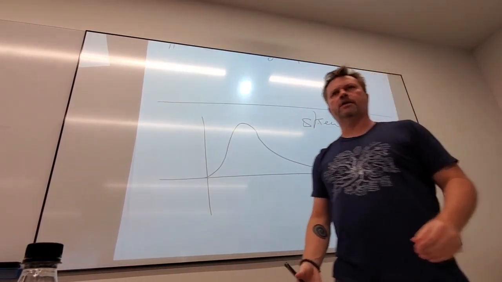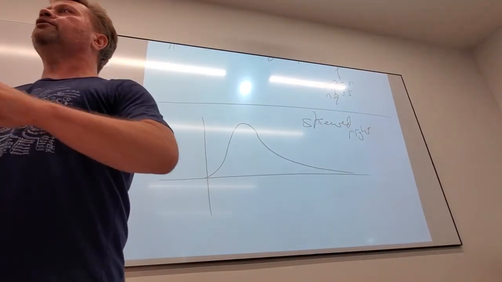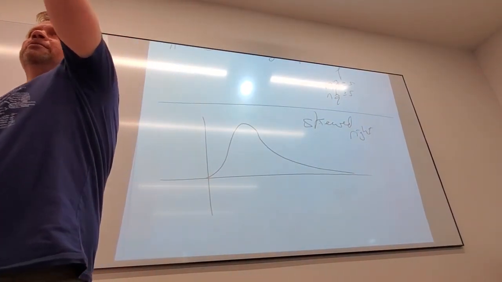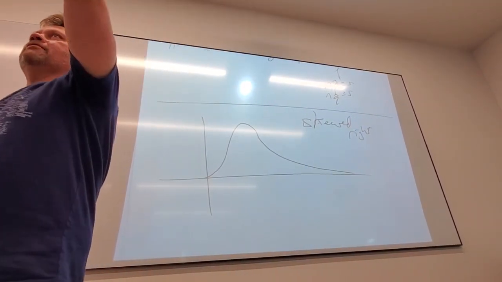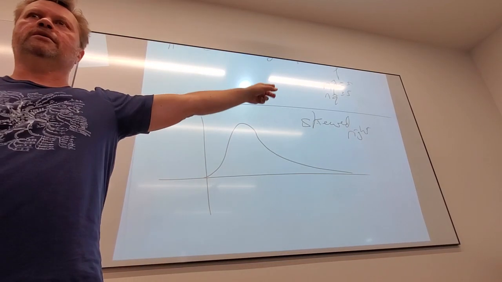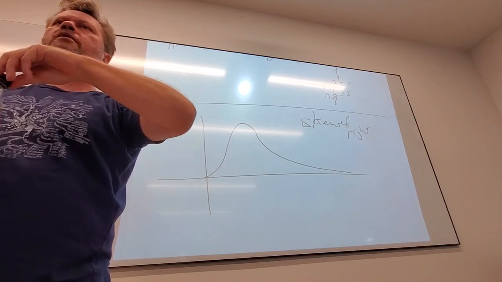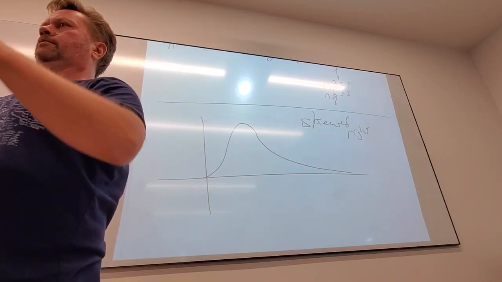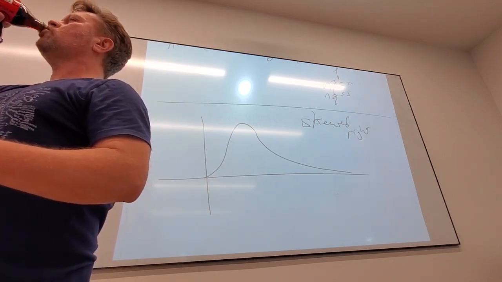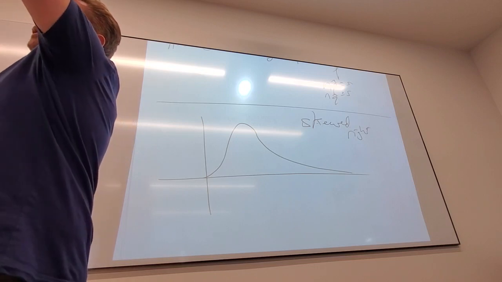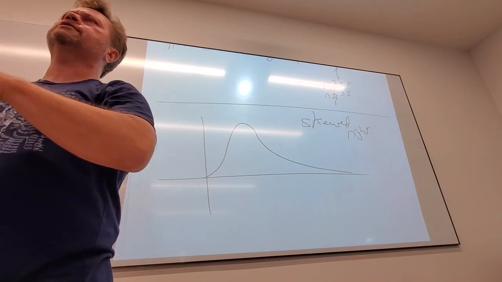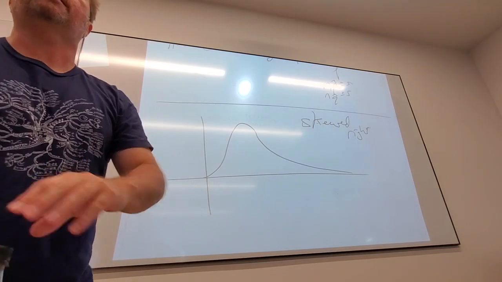So what's the smallest it can be? 0, beautiful. If I had a data set where all the numbers were 3, all of it's 3, what's the spread? None. There's no spread. 0. So the smallest a standard deviation can be is 0. That's why there's a line right there. That's why it starts at 0. That's the smallest it could possibly be.